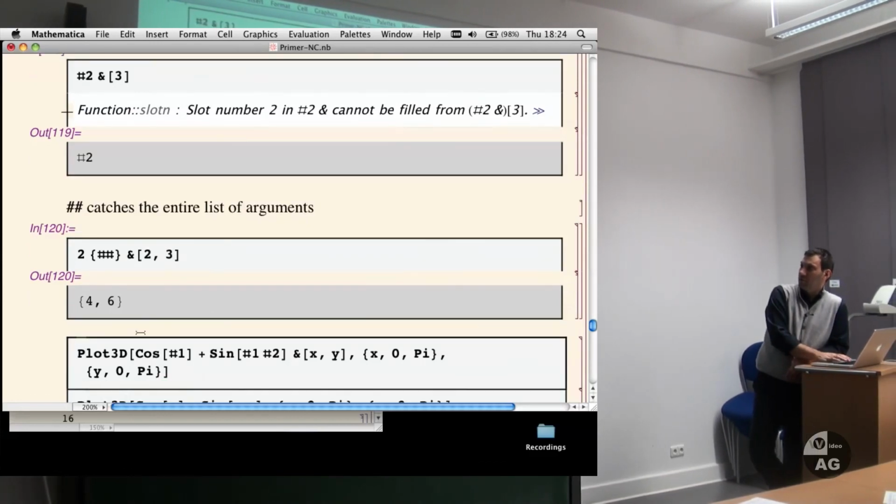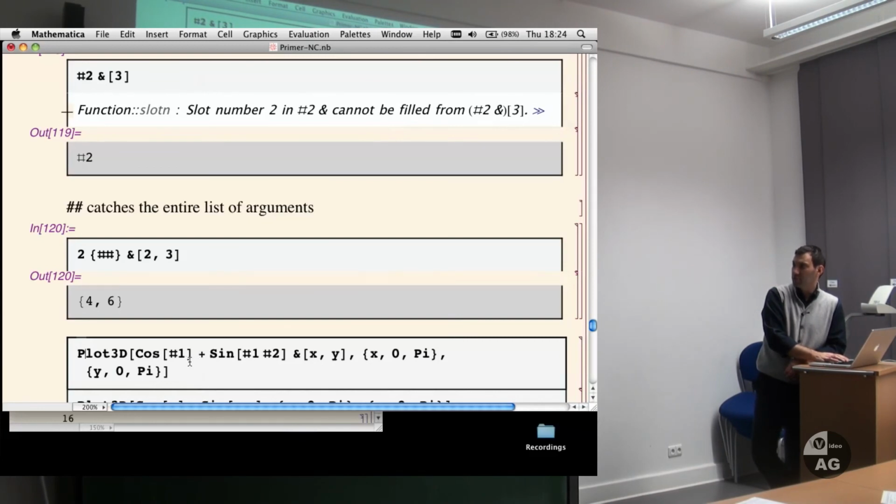Okay, here is a way of plotting some function. Which function is cosine plus sine? So which function is that? Precisely.